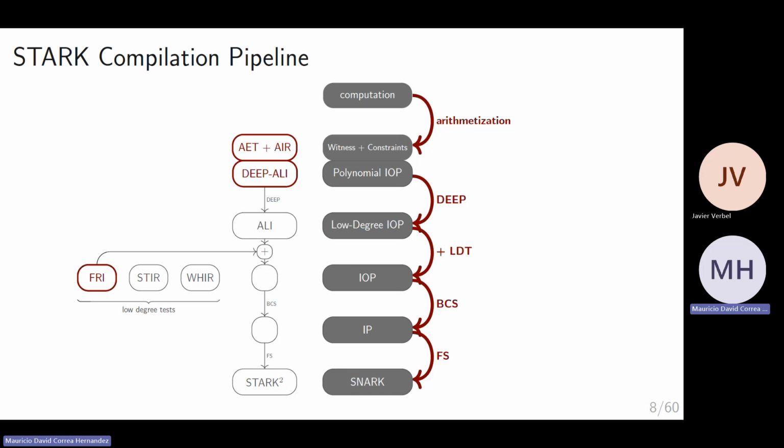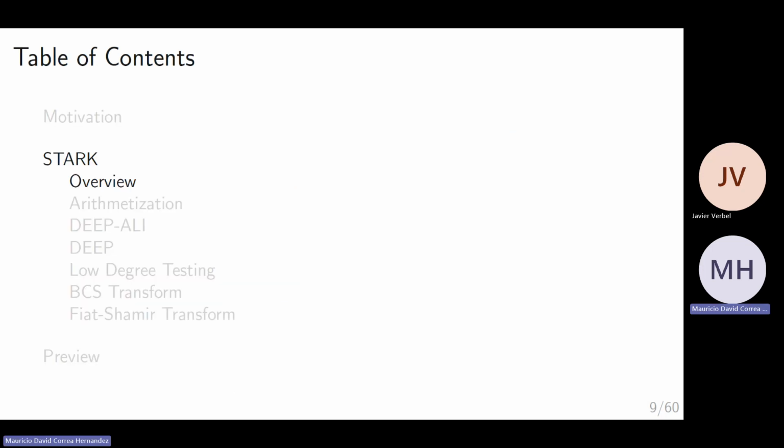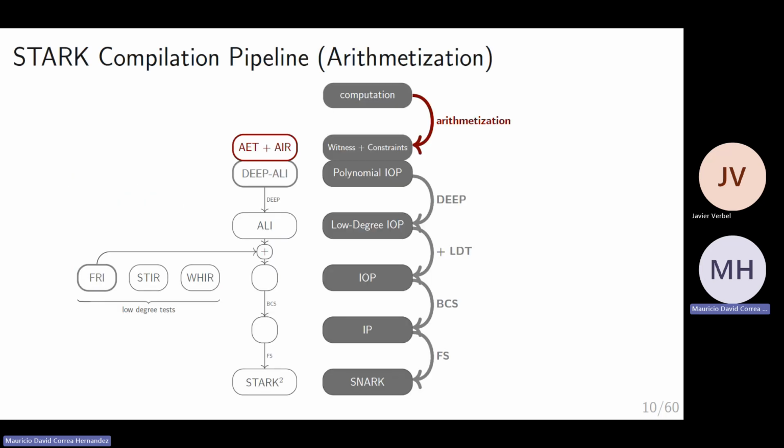And we're going to cover every individual compilation step. Starting with the arithmetization, all the way up here. The result of the arithmetization is the AET and AIR, algebraic execution trace and arithmetic intermediate representation.